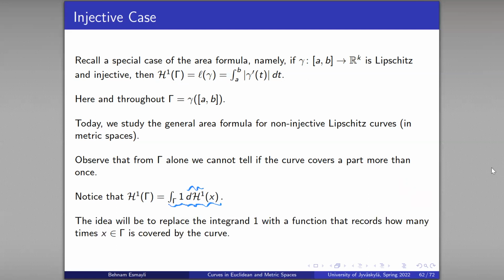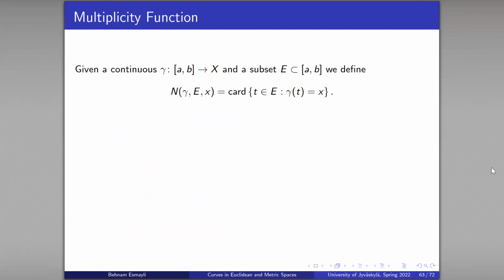And therefore, the idea will be to replace 1, which here is just saying that every point has been covered just once, so this is only for injective curves, with some function that records how many times the points on the curve have been covered. And that leads us naturally to the following definition of a multiplicity function. If you have a curve, then for every subset E of [a,b], this allows for more general statements.